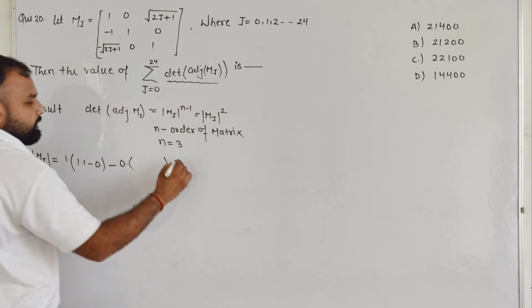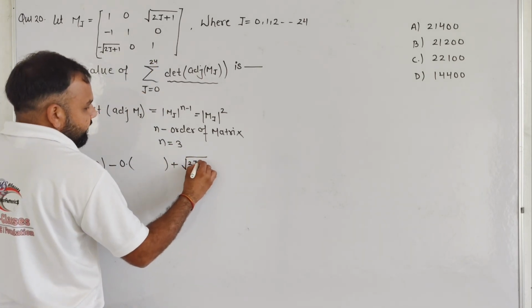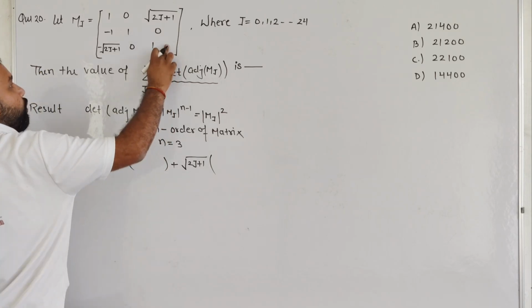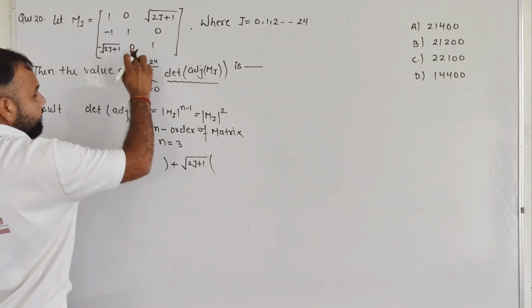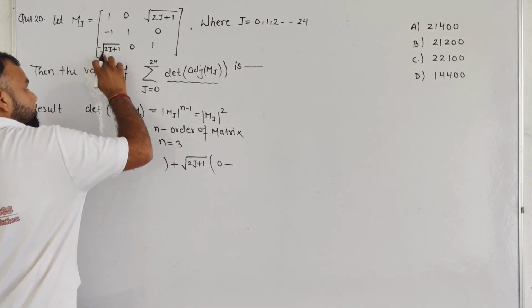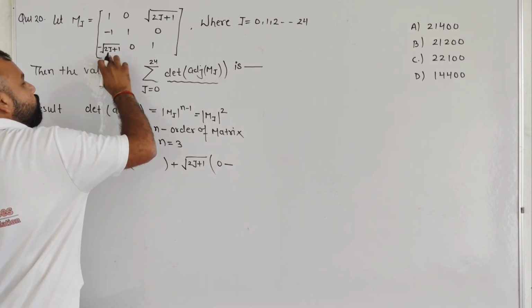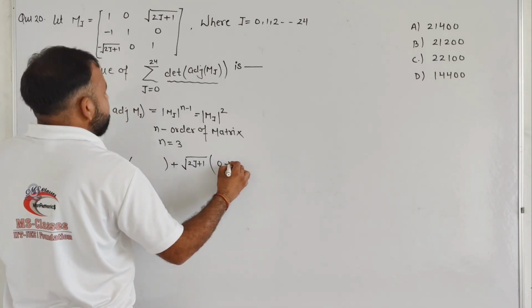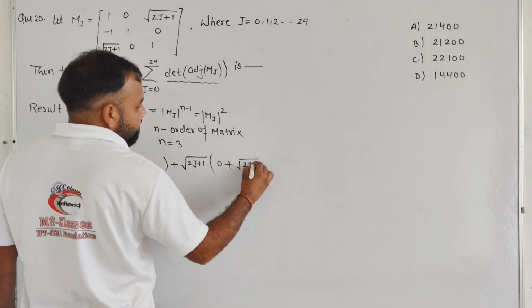Plus this is root 2j plus 1. Expanding this row, leaving out this column and this row, we get minus 1 into 0, that is 0, minus, and minus root 2j plus 1 into 2 into 1, which becomes plus 2 times root 2j plus 1.